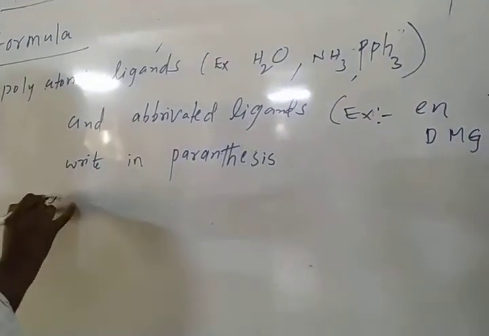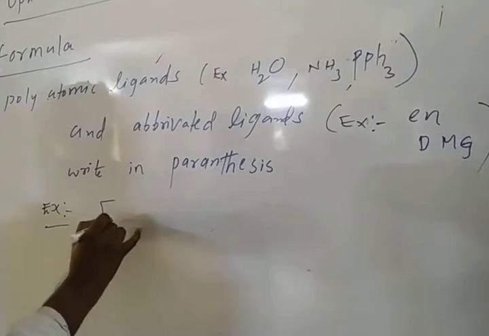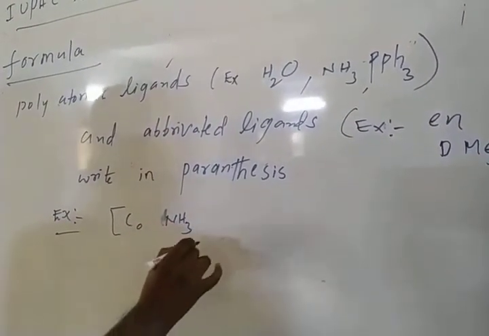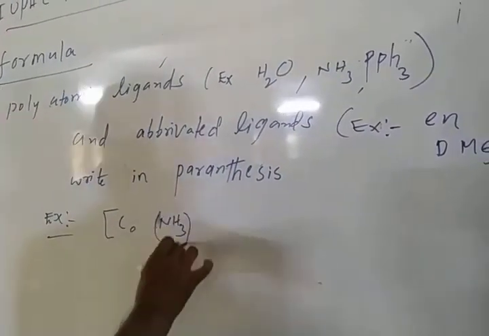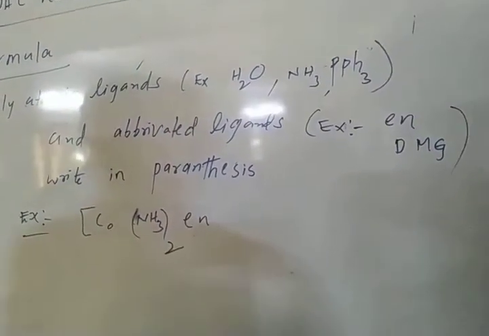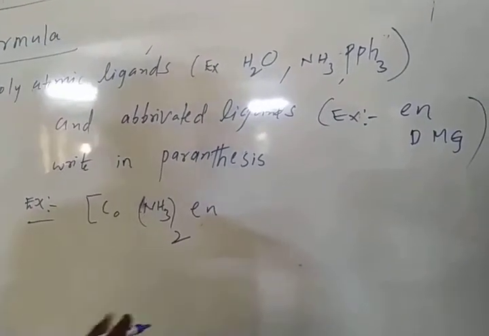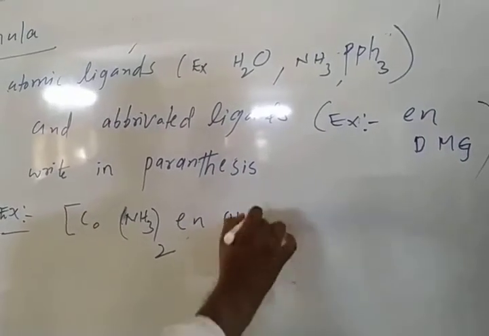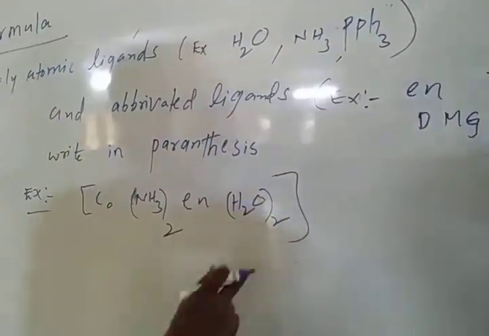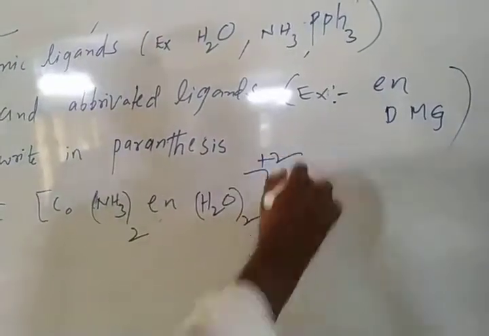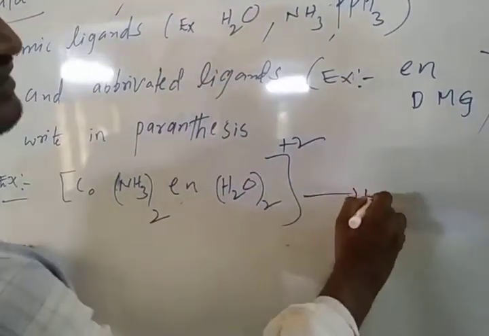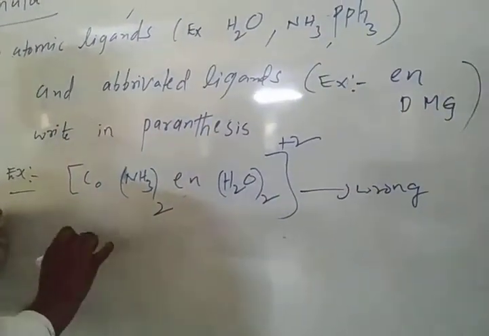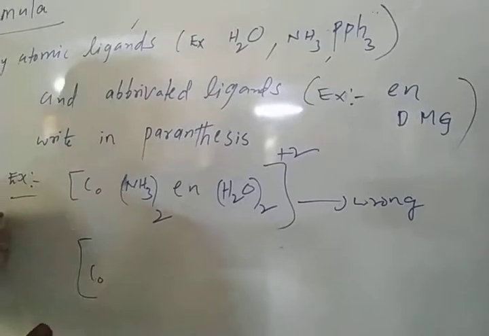Example: cobalt, NH3, En, and also H2O 2, plus 2. This is a complex. This is wrong. Why? Because here, after the central atom comes alphabetical order.